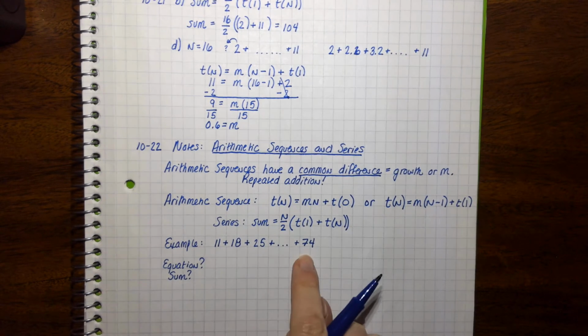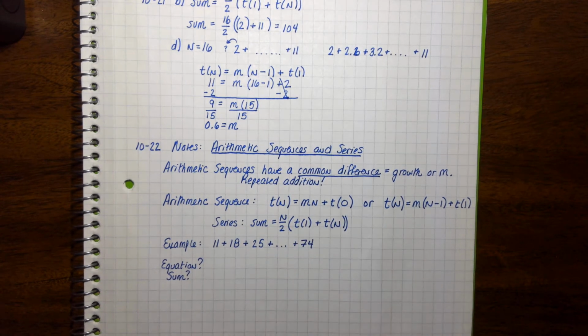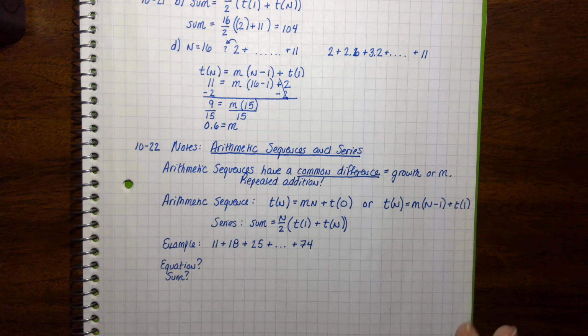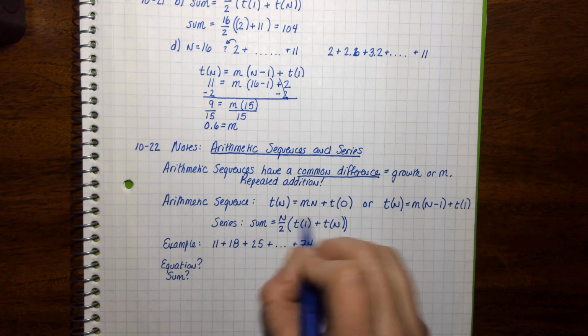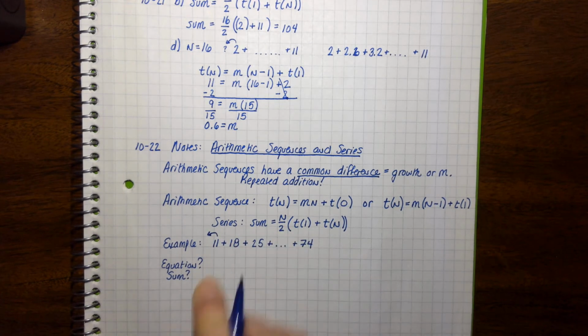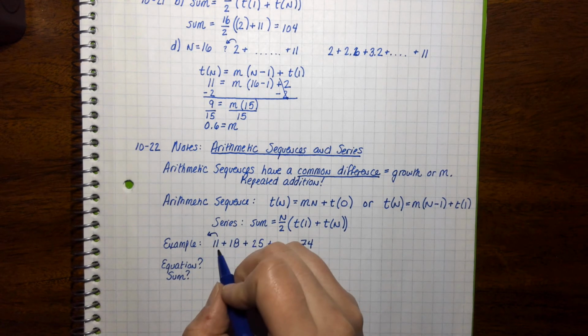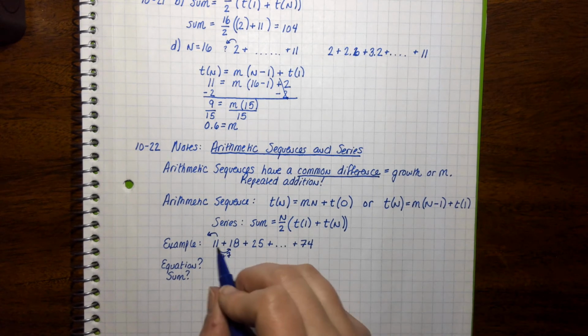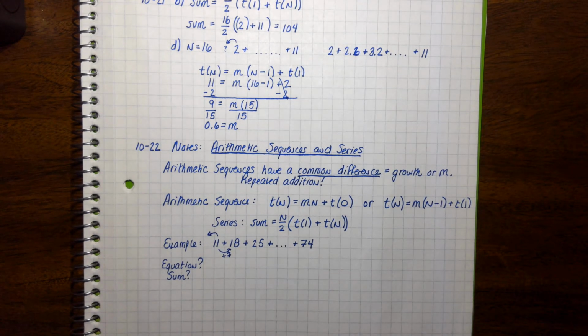Okay, now this is a series. We're going to find the equation for the sequence, and remember there's two of them, so we're going to write both. So in terms of the 0th term, that's easy to find because you guys can tell these are going up by 7s, I hope. So the 0th term would be down 7, which is 4.